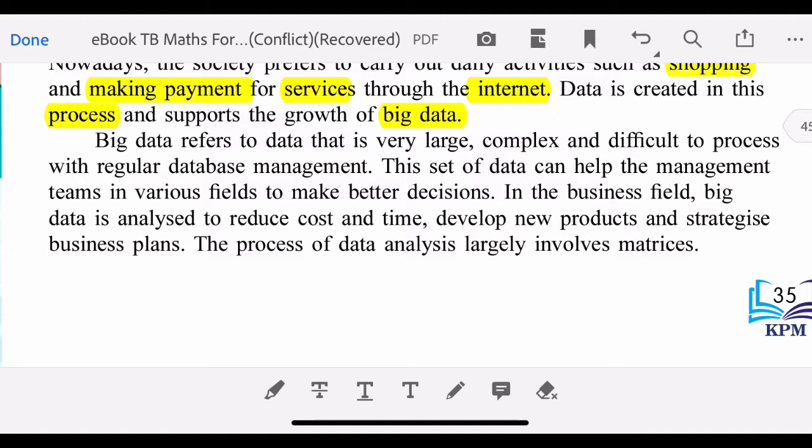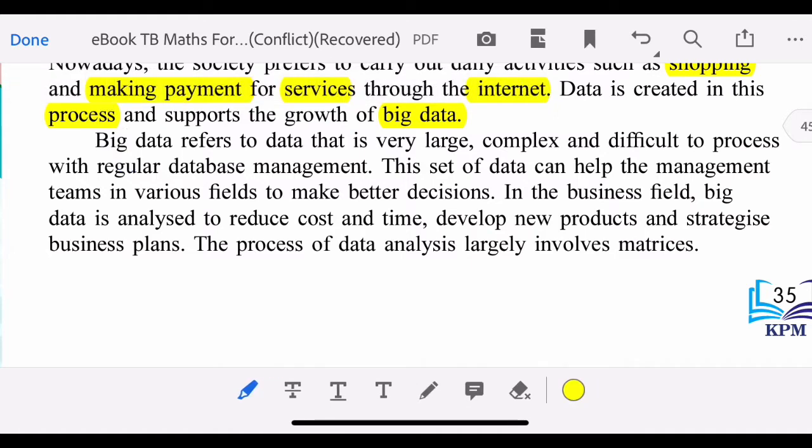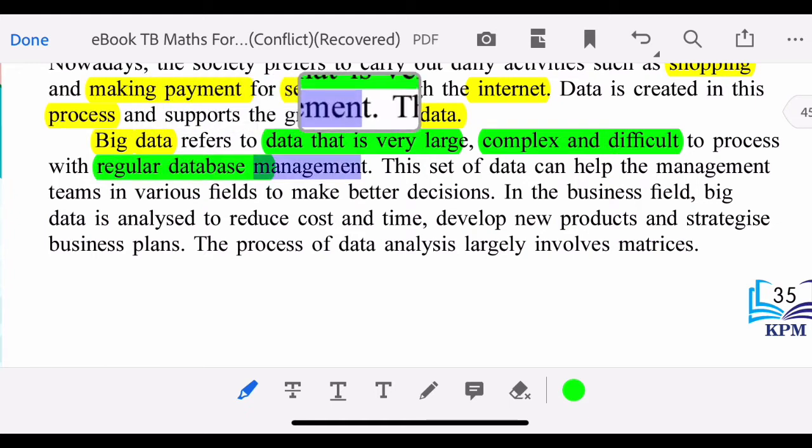So big data, what does it mean by big data? Big data refers to data that is very large, complex, and difficult to process with regular database management. So this set of data can help the management teams in various fields to make better decisions.